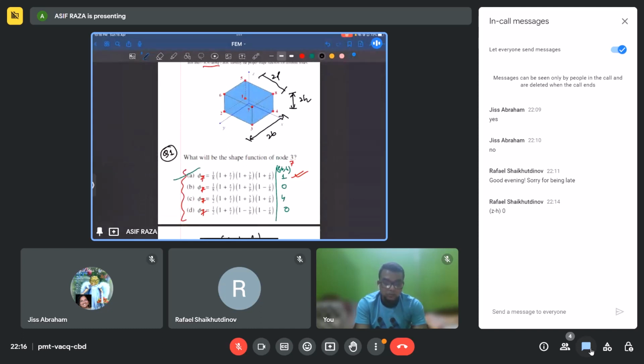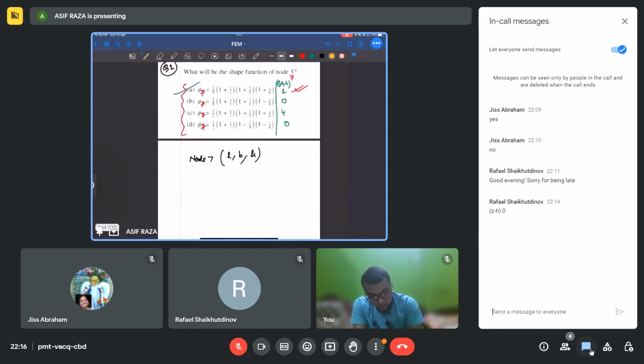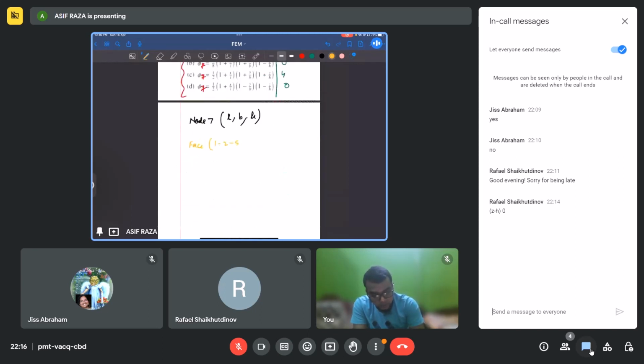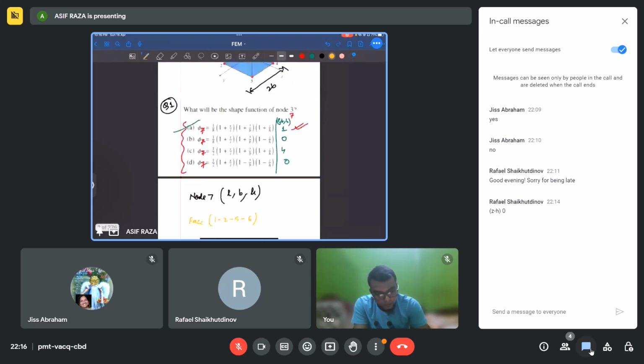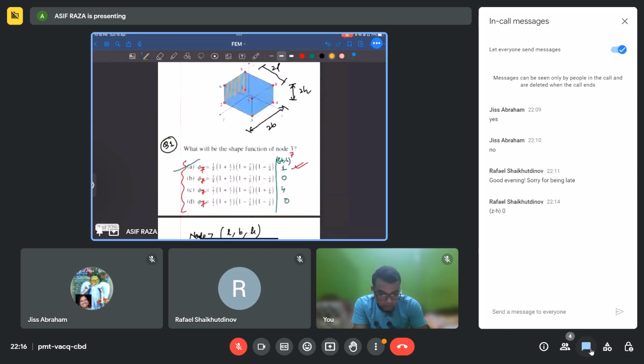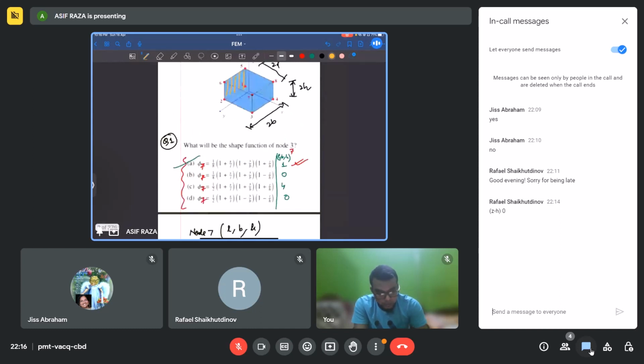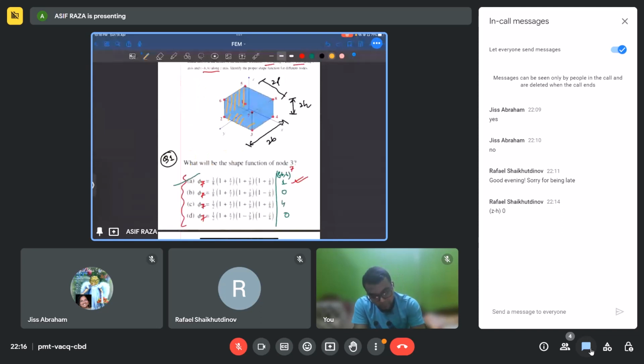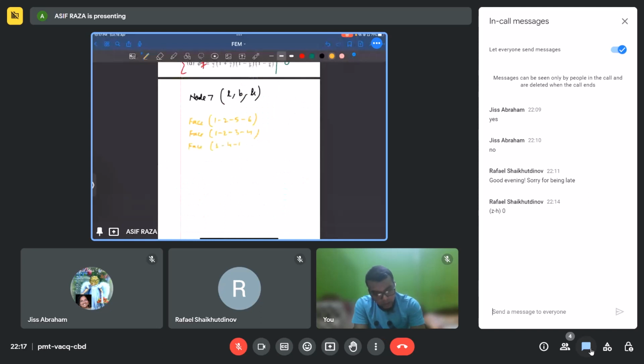Apart from this, we try to see the faces: face 1256, then the bottom face 1234, and this one, face 1485.